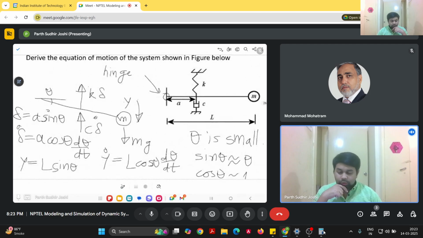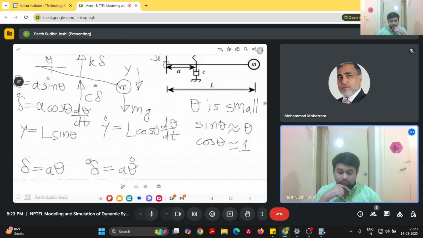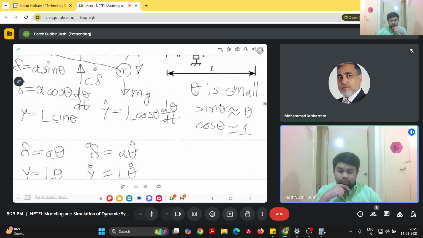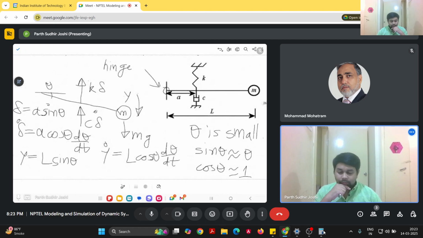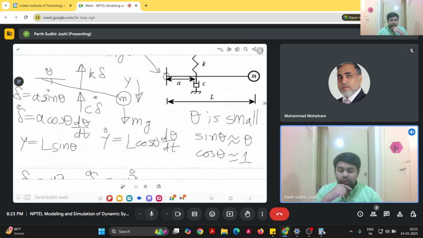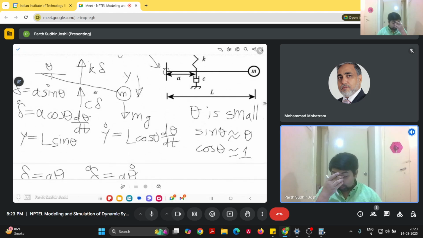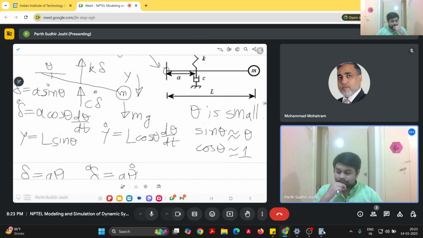For that, we can use either the moment equation, or an energy type of approach, or the simple Newton's second law type of approach as well.